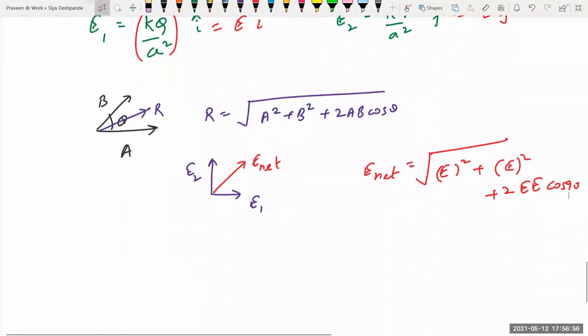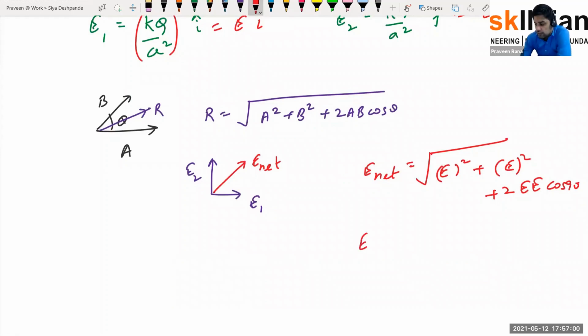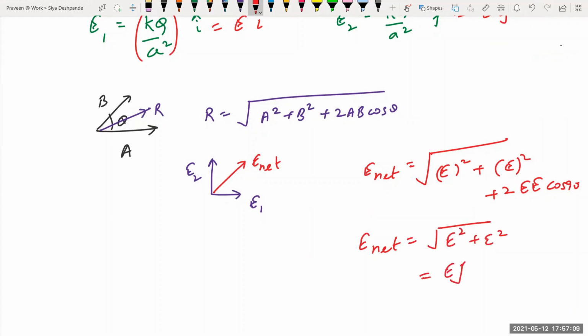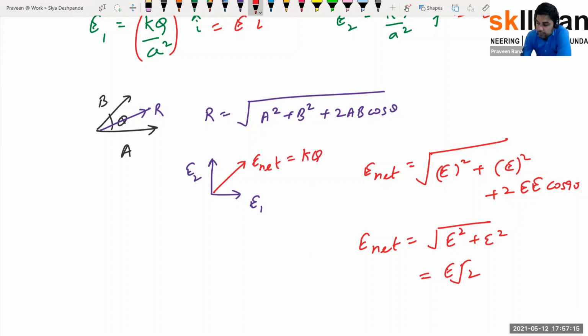What is the value of cos 90? 0. So our answer is that the net electric field is the square root of E squared plus E squared, that would be E root 2. So we had E as KQ over A squared, and there would be a root 2.